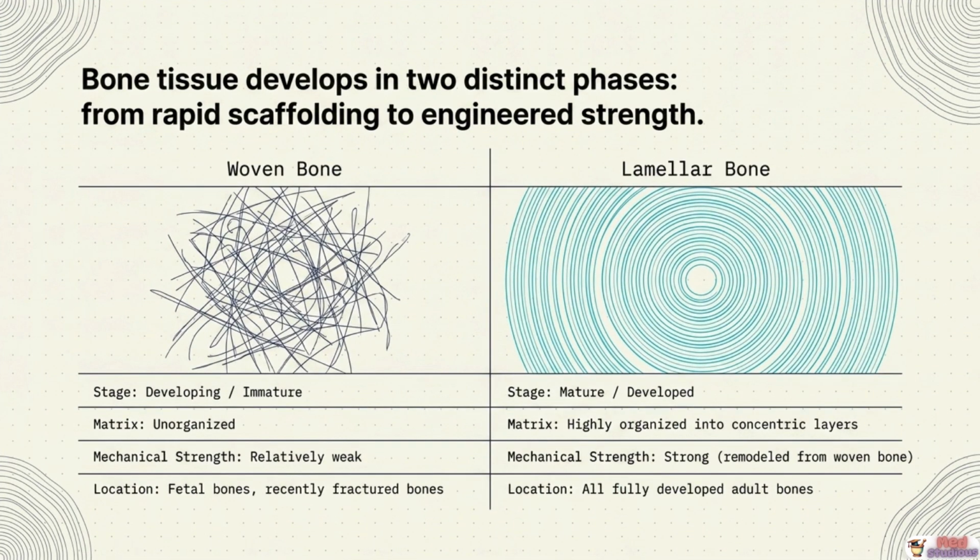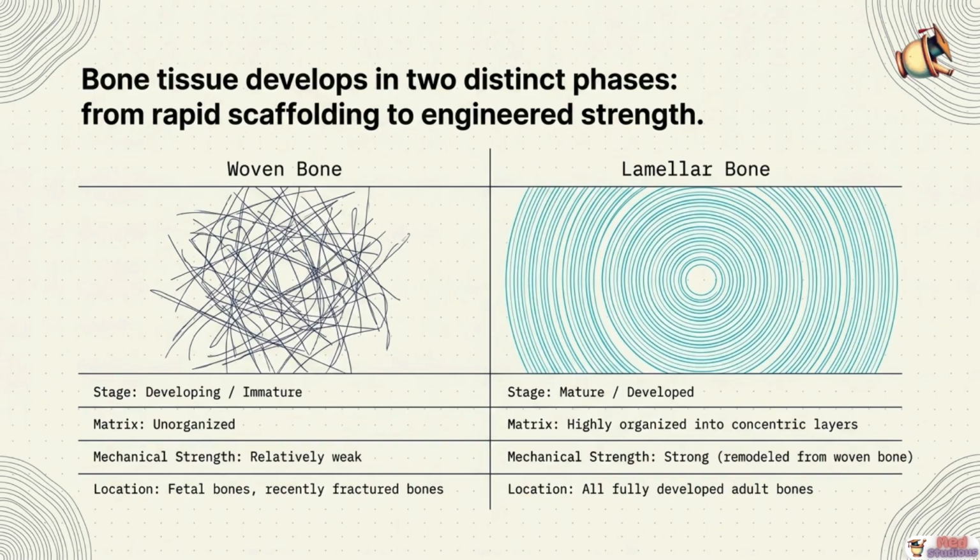All bone tissue, regardless of its location or function, passes through two sequential phases of organizational maturity. Understanding this distinction is critical for interpreting both normal histology and pathological states. The first phase is woven bone, also called primary bone or immature bone.